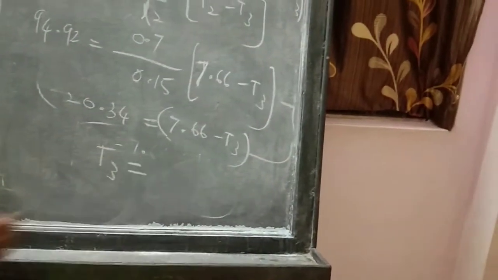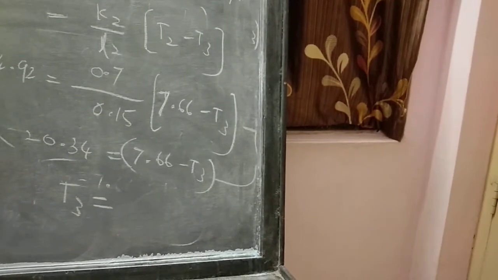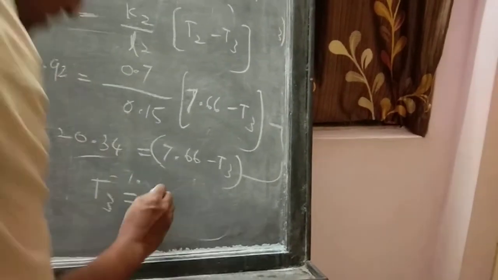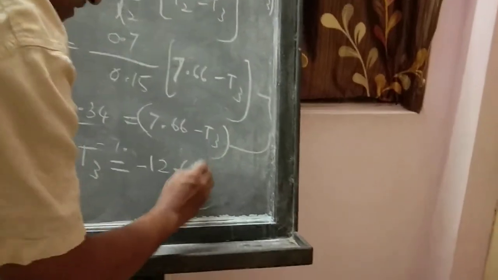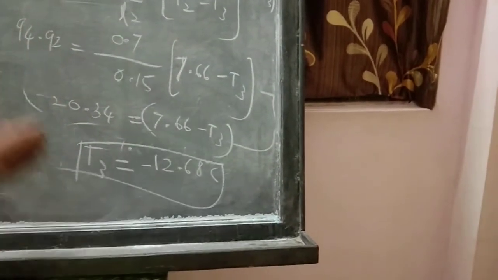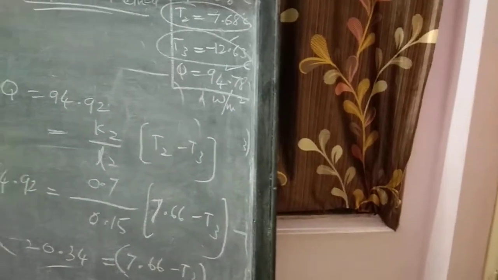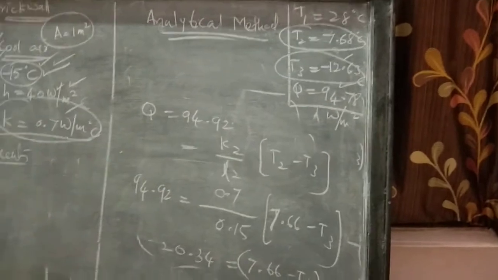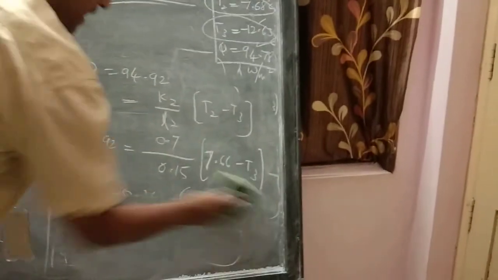Therefore T3 is 7.66 minus 20.34, which gives minus 12.68 degrees Celsius, the same as this T3 value, the outside wall temperature. This is how we can verify the results analytically.